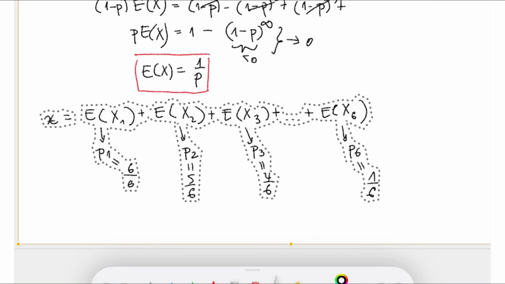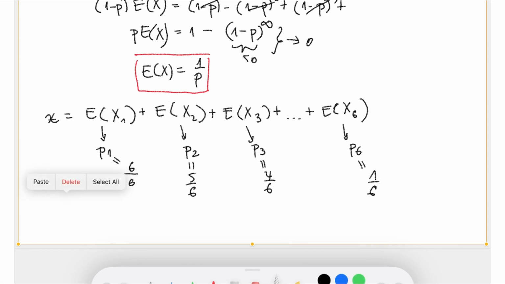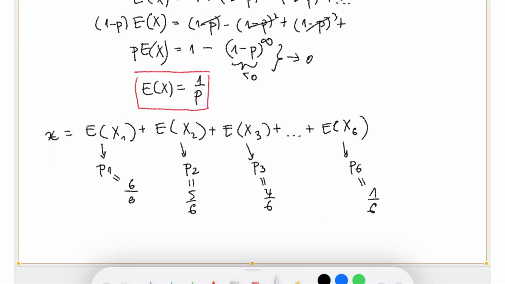So we had this thing here. Now we know that the mean, the expected value is 1 over p.